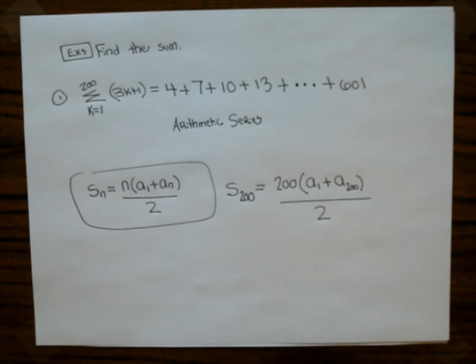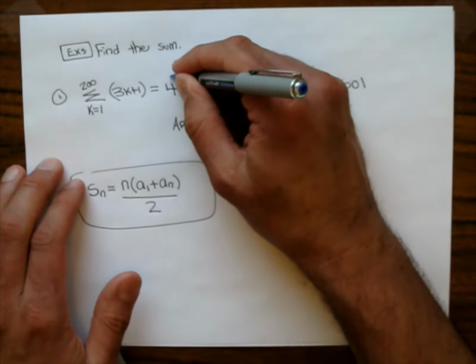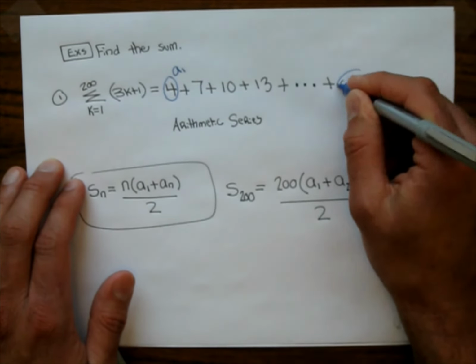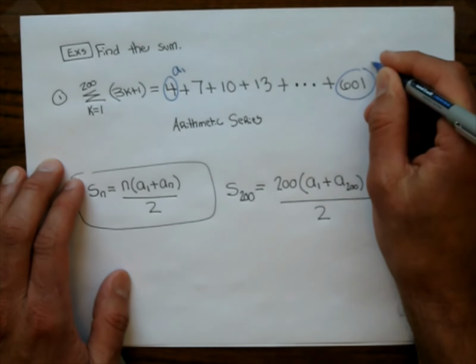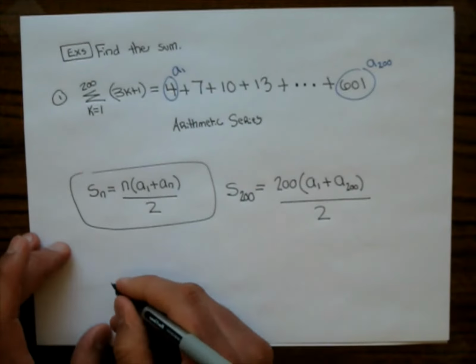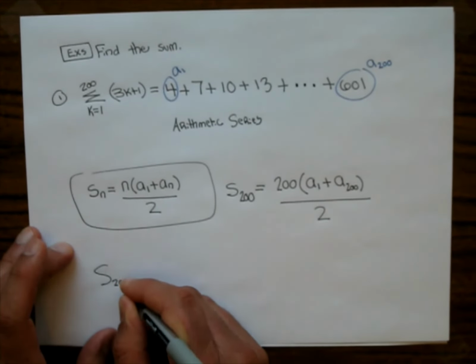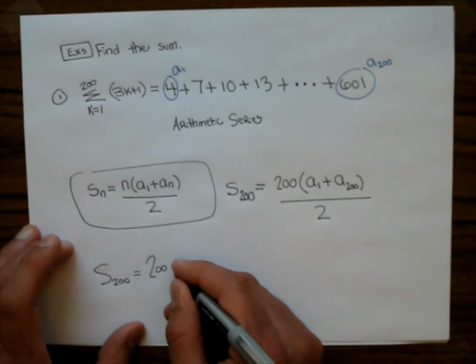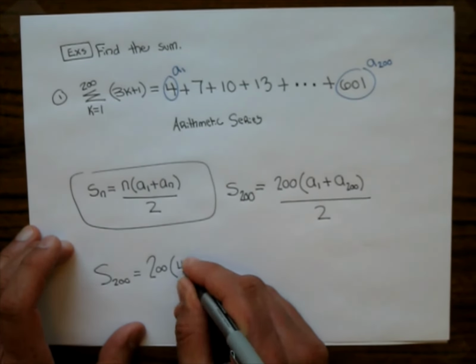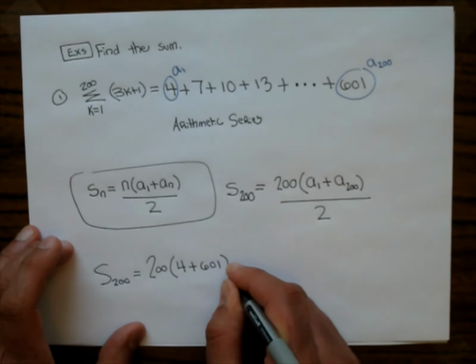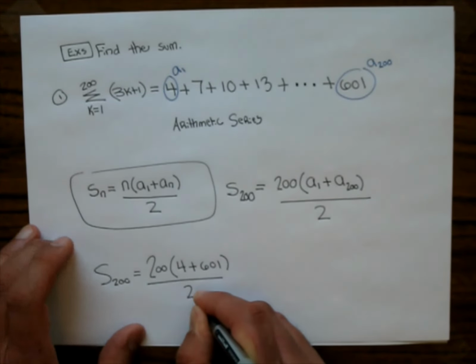We know that this is a1, and this is the last term, a200. So we put that into the formula. This is 200 times 4 plus 601, all divided by 2.